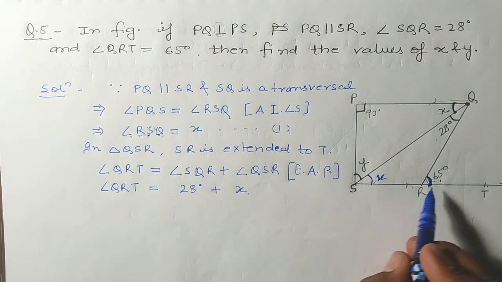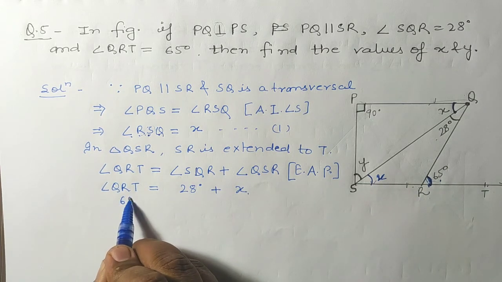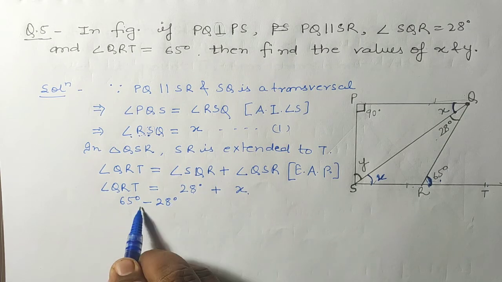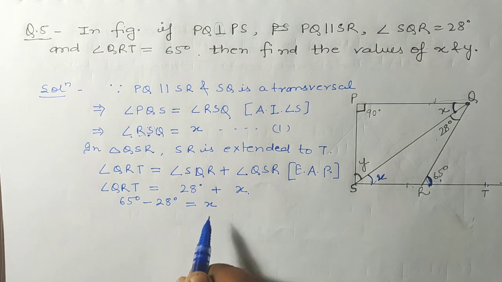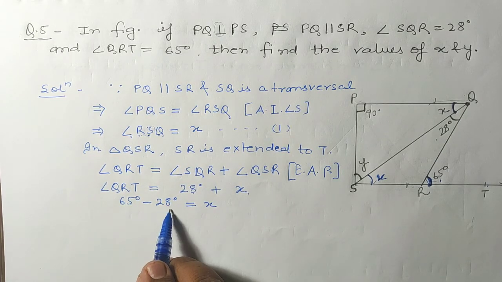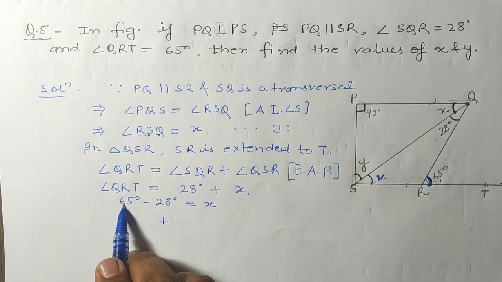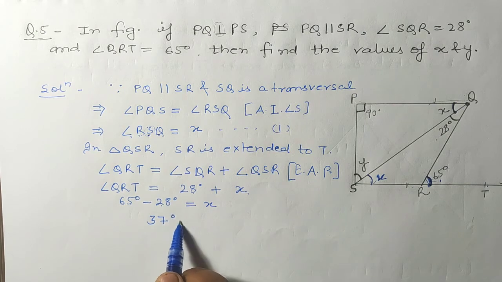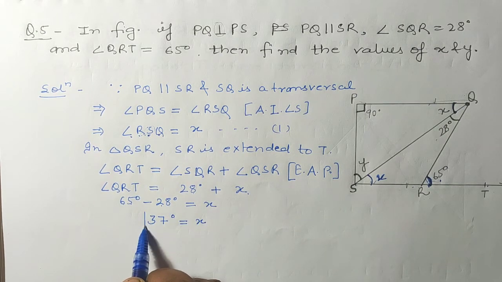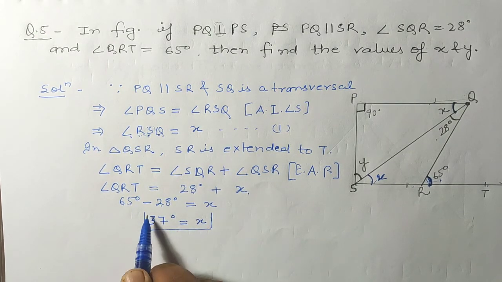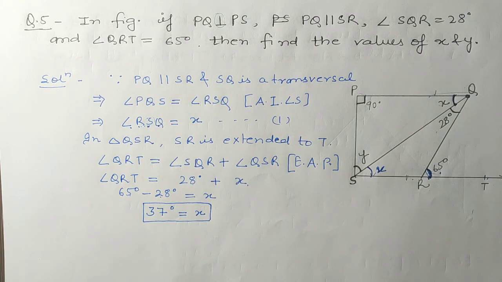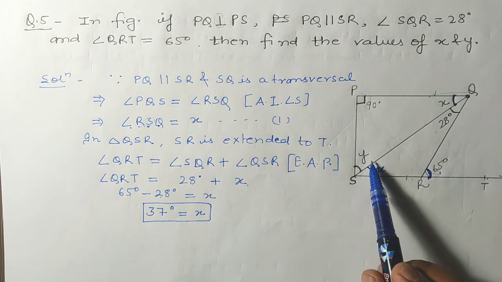Now QRT is also given, it is 65 degree. So 65 degree, this 28 will be shifted, so 65 degree minus 28 degree is equal to X. 15 minus 8, that is 7. 5 minus 2, that is 3. So basically the value of X is 37 degree.